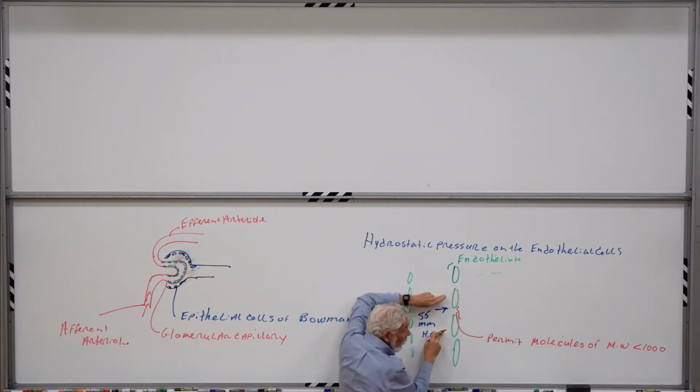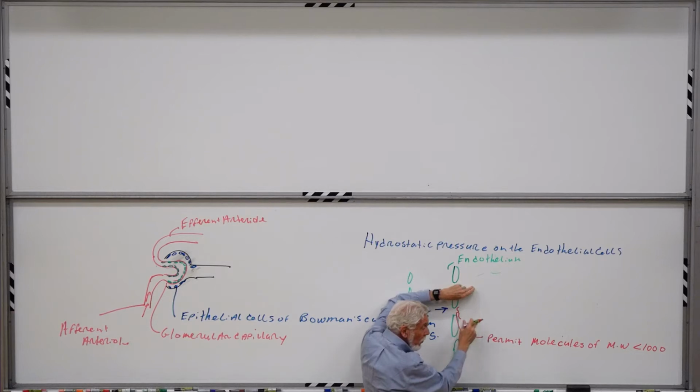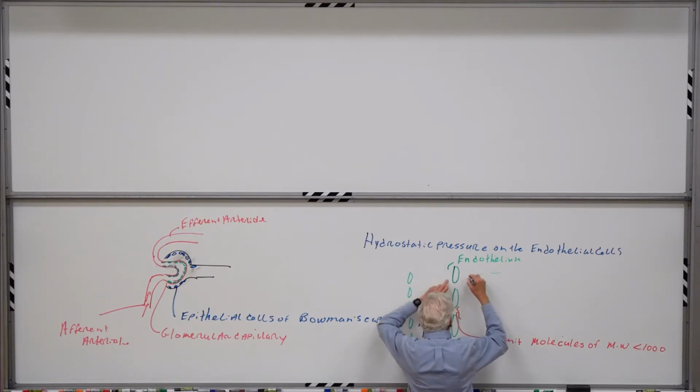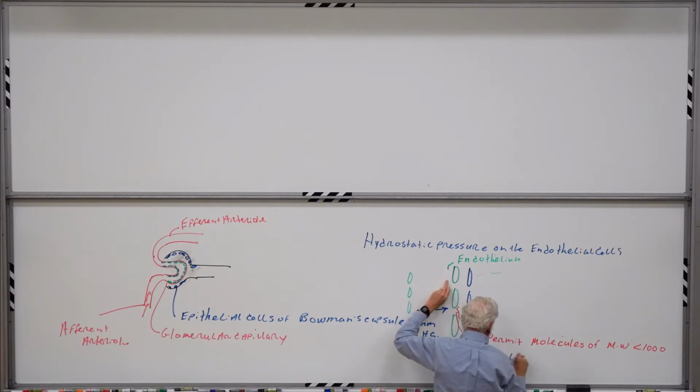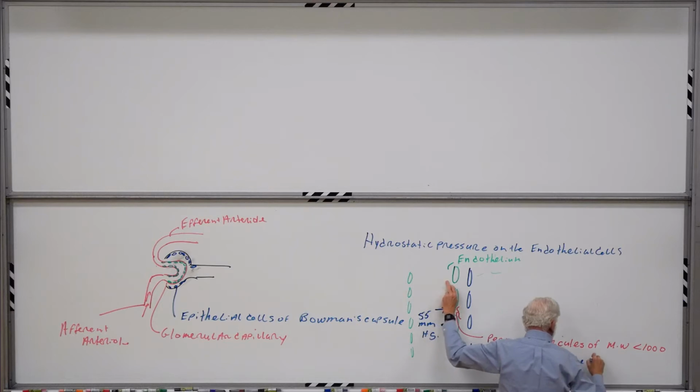So anything less than the molecular weight of 1,000 is going to be forced out of this capillary into the extracellular space. But you'll remember from yesterday that right next door to these endothelial cells are these so-called podocytes. These are the podocytes of the Bowman's capsule.